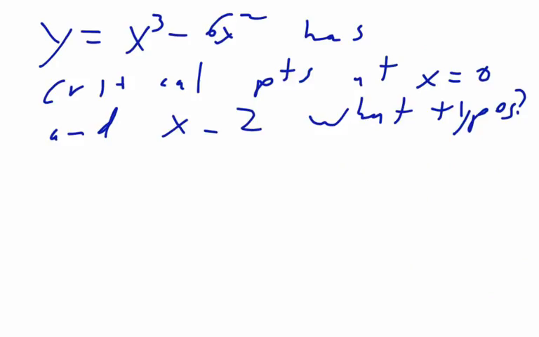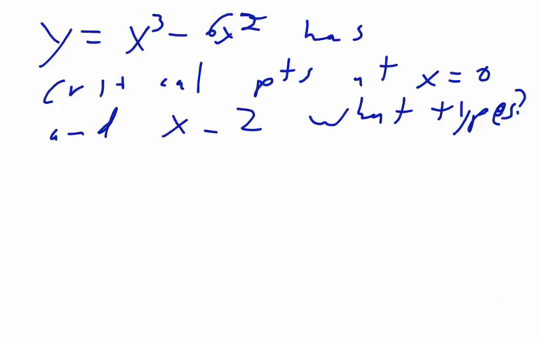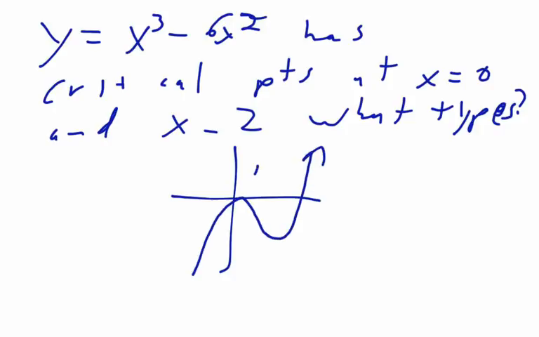Alright, so for the next problem we have x cubed minus 6x squared with critical points at x equals 0 and x equals 2. We want to know what types of critical points they are, and so once again we take a look at the graph. Upon getting the right window, it looks like this.